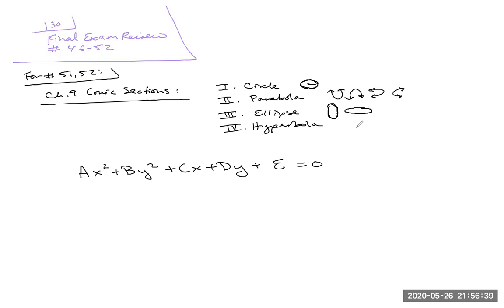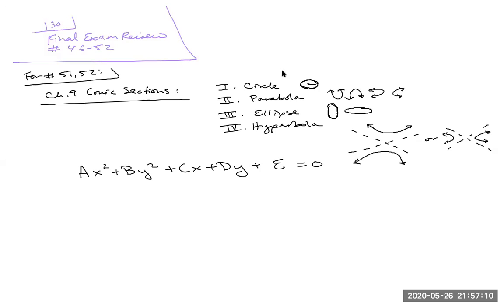And a hyperbola is one of the weirdest ones. It's like two parabolas put together, so you're going to have these asymptotes, and you're either going to have a curve on the top and the bottom, or a curve from side to side.